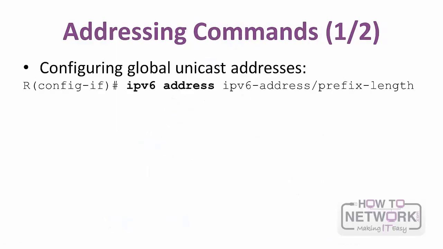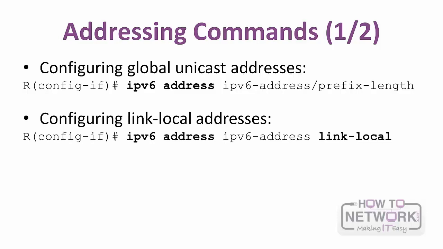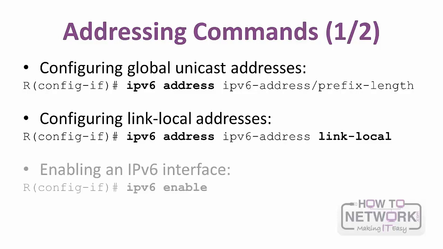This is the interface command for configuring a global unicast or unique local unicast address. This is the interface command for manually configuring a link local address. The following command is used to enable an IPv6 interface without specifying a global unicast or unique local unicast address.